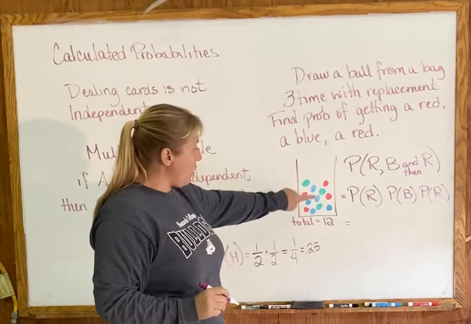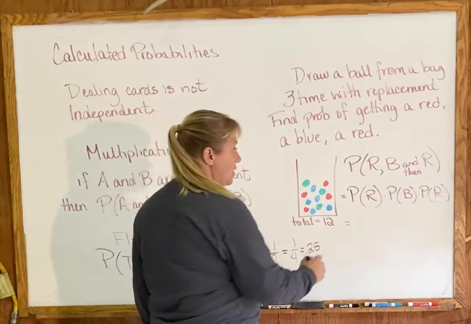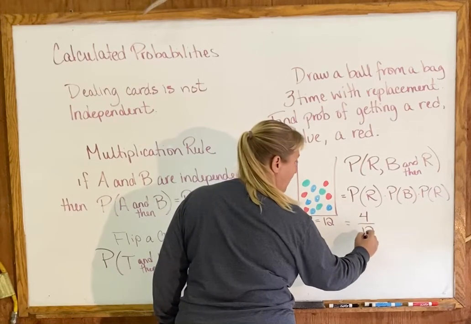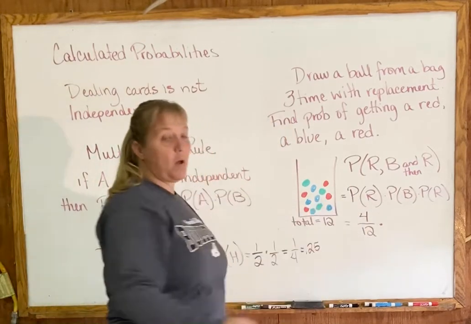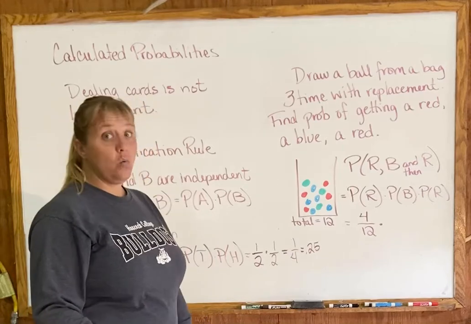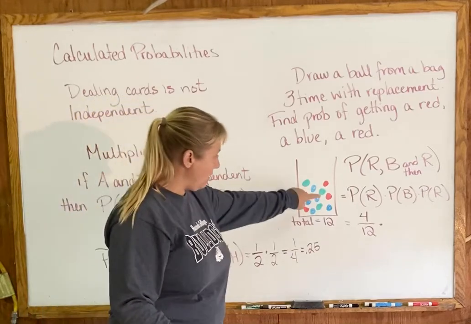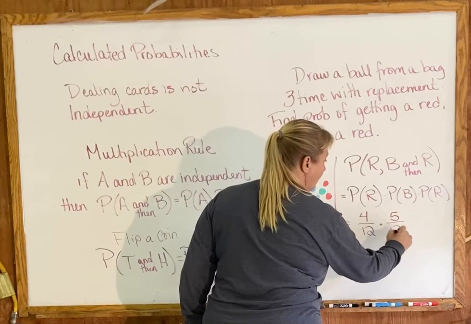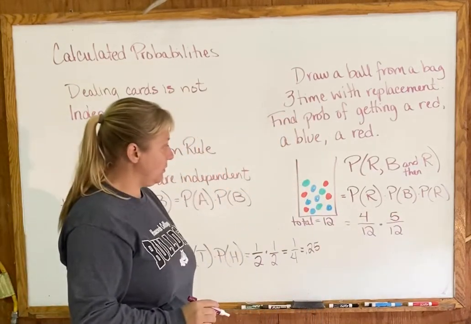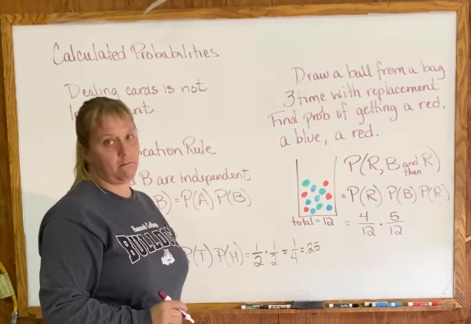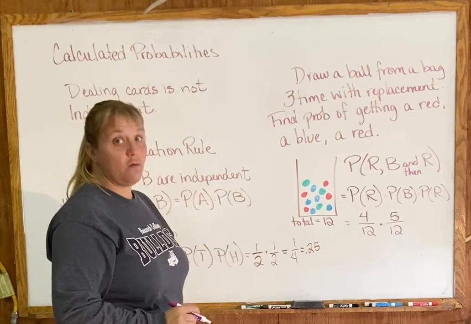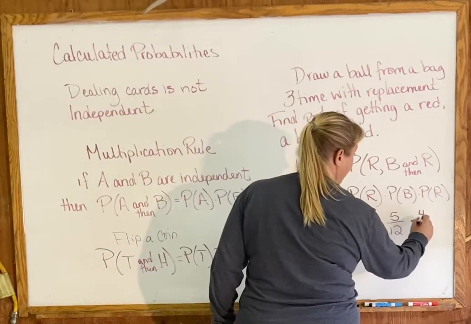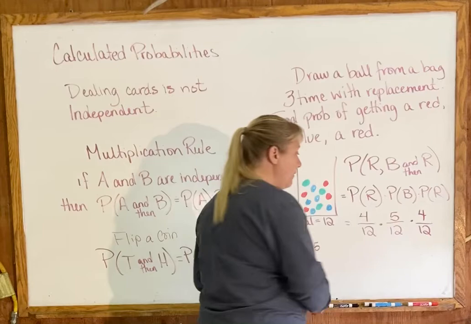All right, so we said there are 4 red balls. So the probability of pulling out a red would be 4 out of 12. You put that ball back in. Now we want to pull out a blue ball. There are 5 blue balls, and we still have 12 balls in total. Put the ball back in. Now we're going to go for another red. So there are still 4 red balls in there out of the total of 12.